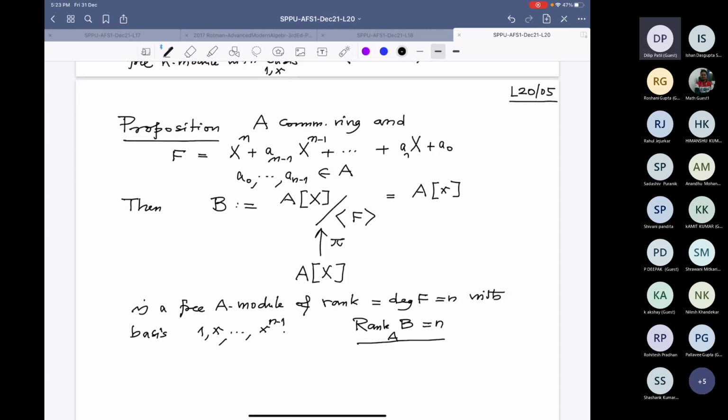Do you know whether monic is very important or I can get away from monic? Please answer my question. Sir, monic is important since we are working. You can't get rid of monicity.